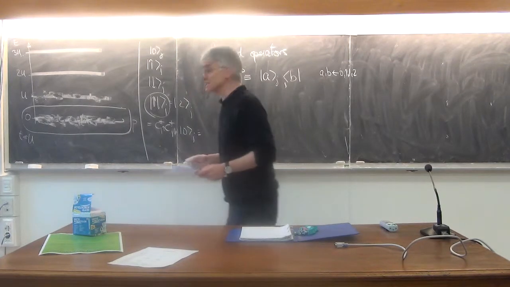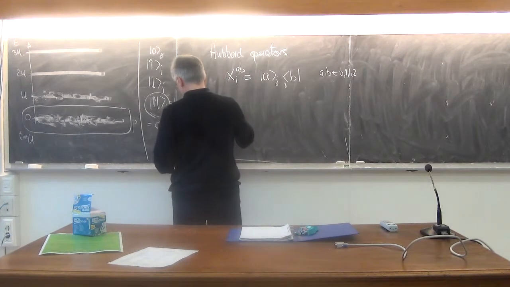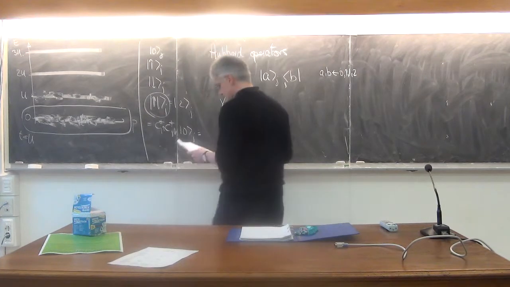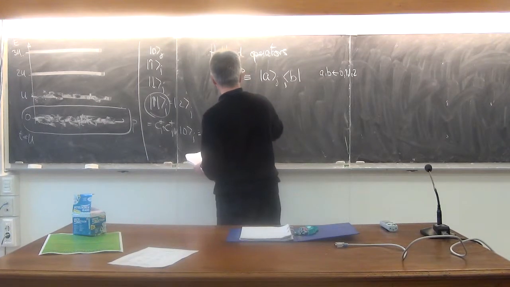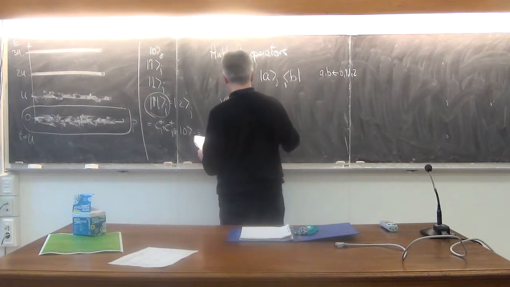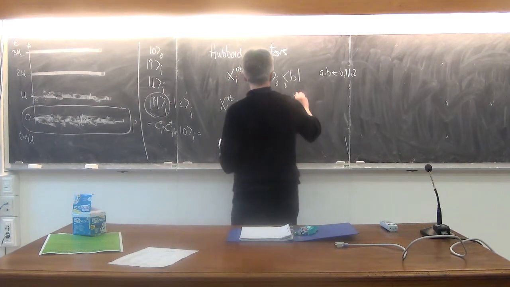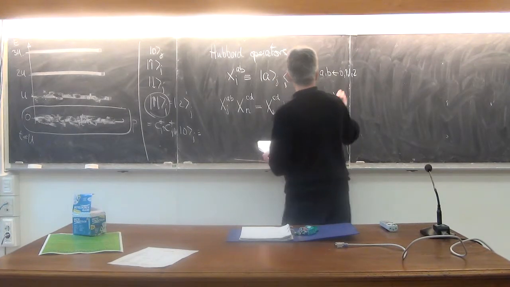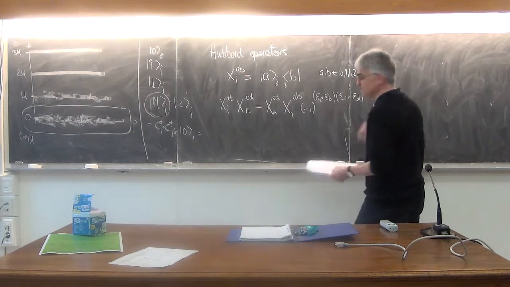Now you can check very easily that they fulfill an algebra, so they close. Yeah? This is also not surprising. And the algebra is simply X_j^{AB} X_n^{CD} = X_n^{CD} X_j^{AB} times (-1) to the power (epsilon_A + epsilon_B)(epsilon_C + epsilon_D), if j is not equal to n.